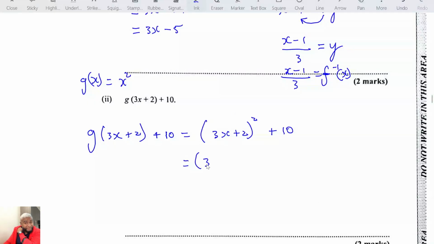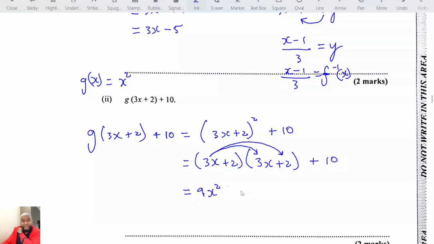Remember, 3x plus 2 squared is 3x plus 2 multiplied by 3x plus 2. All right? 3x multiplied by 3x will give us how much x? Squared. 3x by 2 would be 6x. 2 by 3x is 6x again.